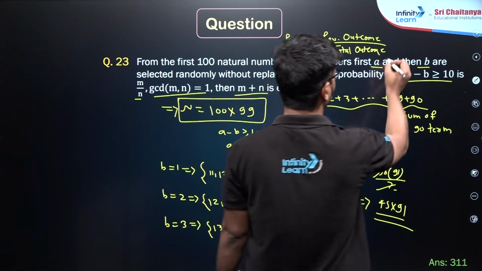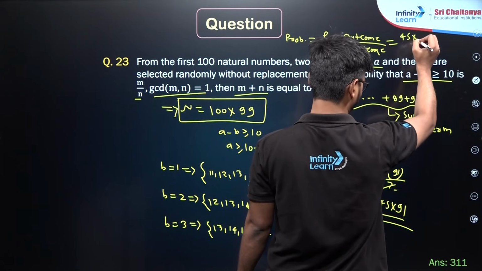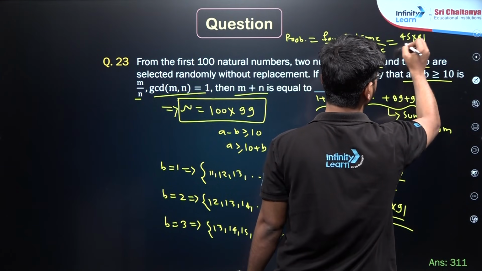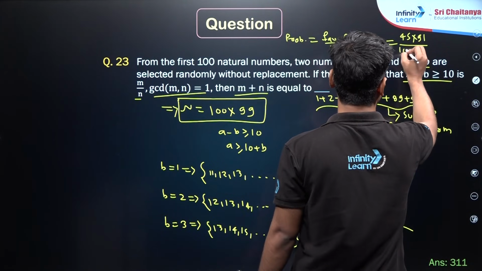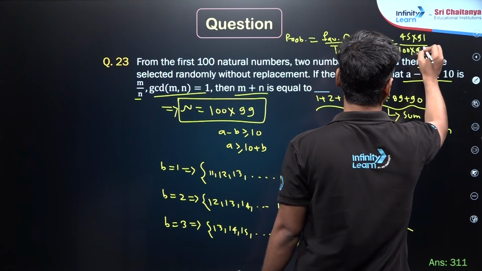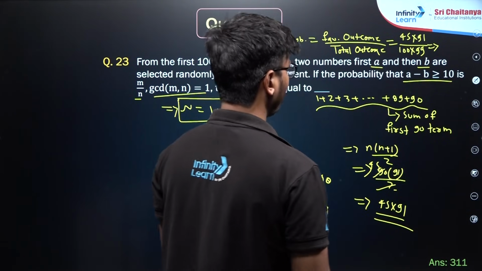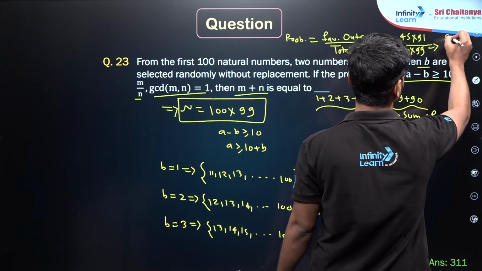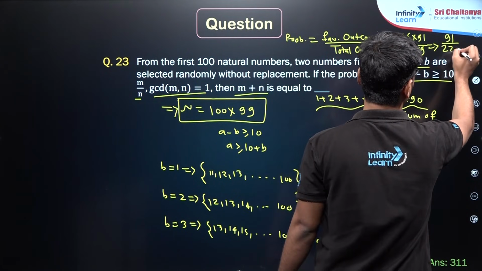So favorable outcome upon total outcome is going to be 45 multiplied by 91 upon 100 into 99. So just solve and get the answer. I think you are going to get the answer as 91 upon 220, because when I was solving I got this answer.